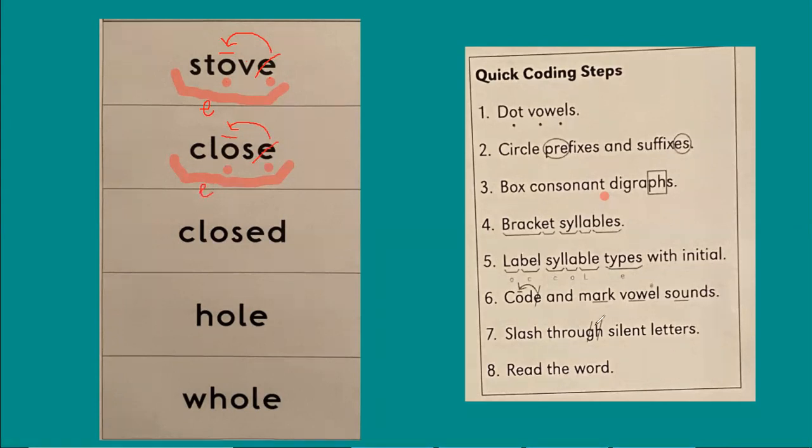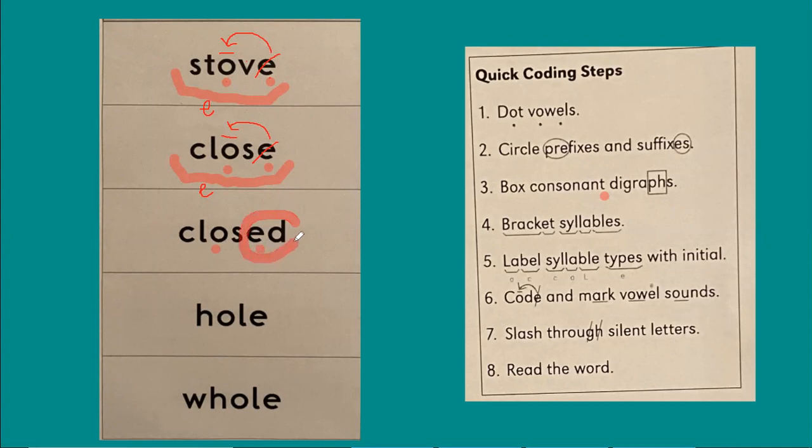All right, now we're going to move to the next word, closed. So we got our vowels, so it's O and E. Circle prefixes and suffixes. So we just learned about the suffix ed. So we're going to circle the ed.